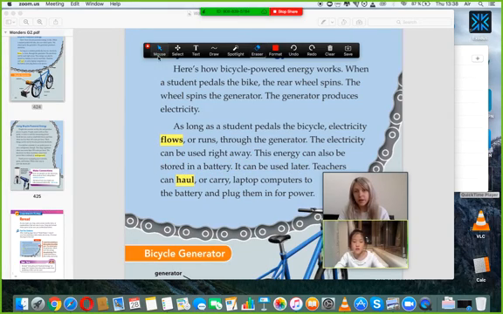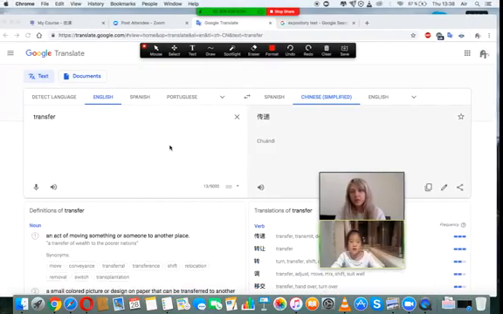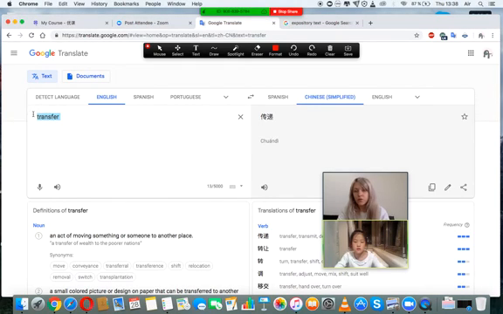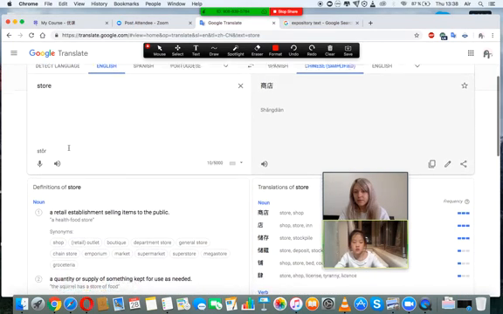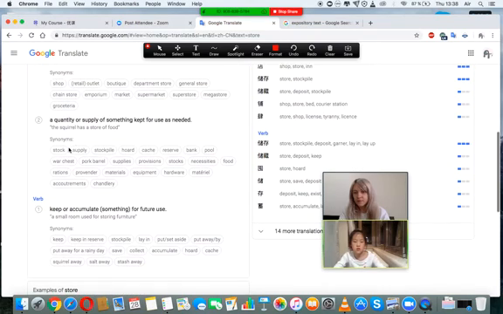Let's check again in the dictionary. Store. Let's read the definition of a verb.